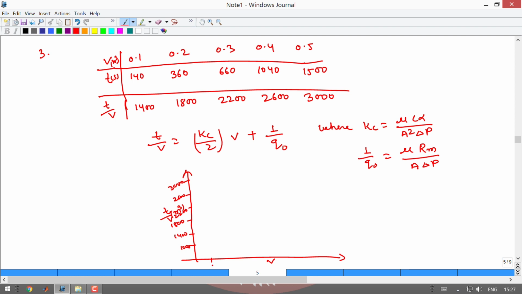Volume 0.1, 0.2, 0.3, 0.4, 0.5. So here if you plot the graph, you will get the same straight line.